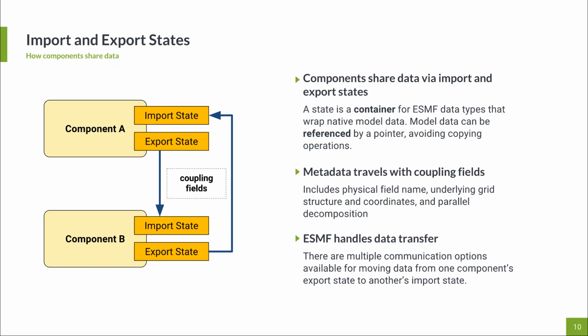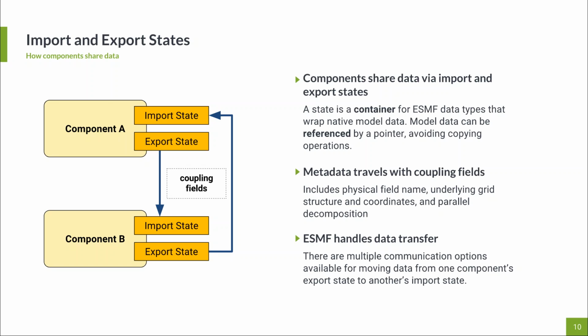That includes the name of the field, what the underlying grid structure is, the coordinates associated with each of the points on the field, and the memory layout in parallel. And since ESMF has all this metadata, it is now able to handle the data transfer between components.